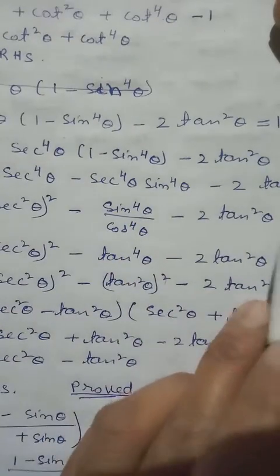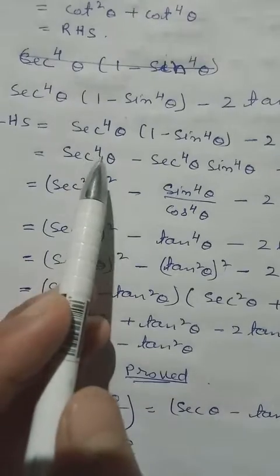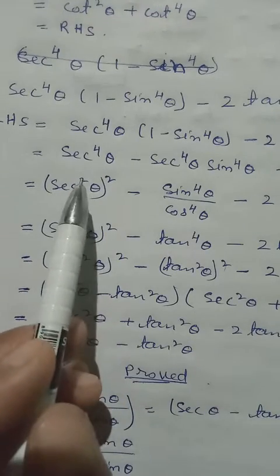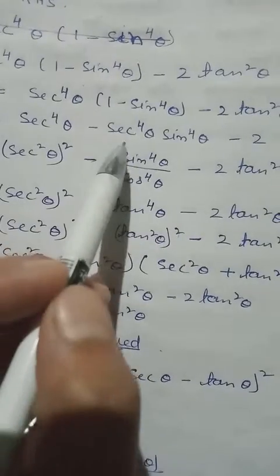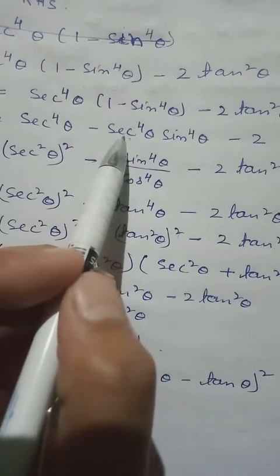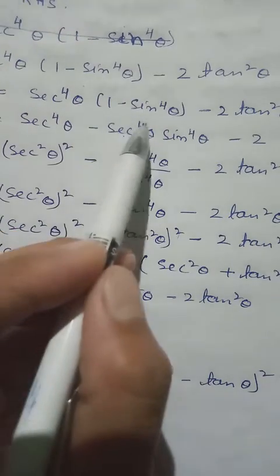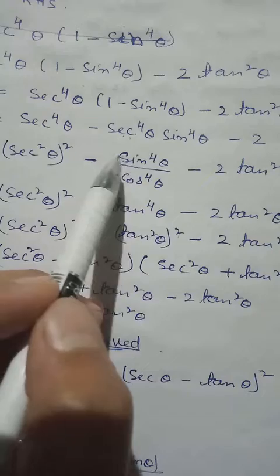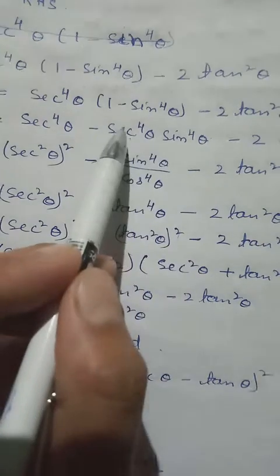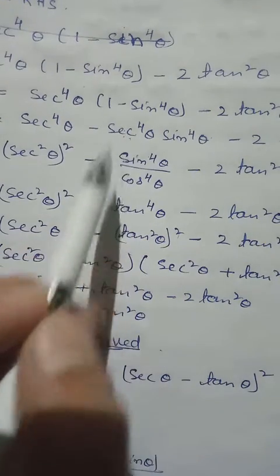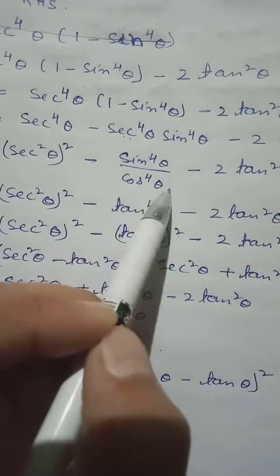This one, let it be like that first for the time being. Power 4, we don't have a formula, so we can make it square square. Then the relation, we have sec equal 1 by cos. So here we have power 4, we can write sine, let it be up. Then sec using relation, we convert it to 1 by cos power 4. 1 into sine will be sine. So this one, let it be like that.